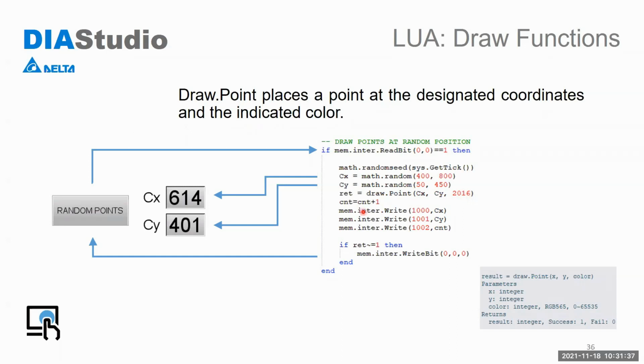As I said before, in order to create random points automatically, I will use math random set and math dot random. When I have these random points, I will draw them. That's all. It's so simple.